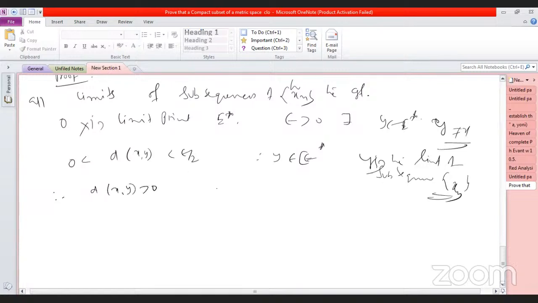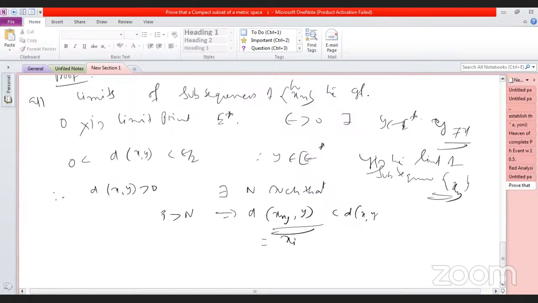So there exists a number n such that for i greater than n, d(xni, y) is less than d(x,y).